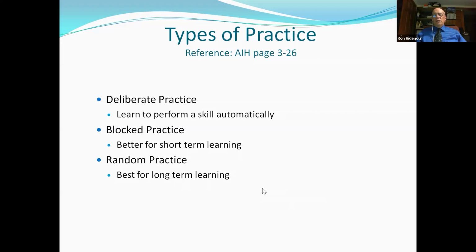So blocked practice is good for short-term learning, but as they go into different wind conditions, different atmospheric conditions, different days, lift and sink conditions, it doesn't lead to as good a result as they had that particular evening when they were just doing pattern tows to a certain point and flying a pattern and landing.